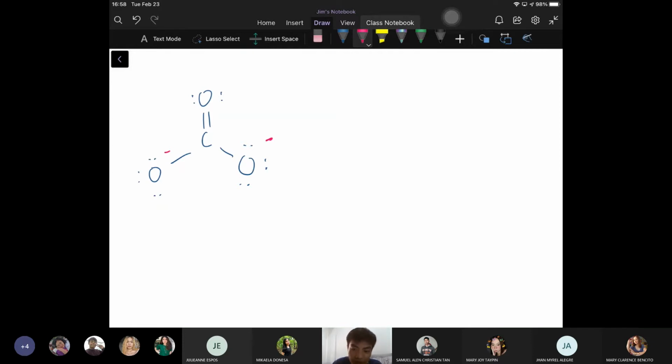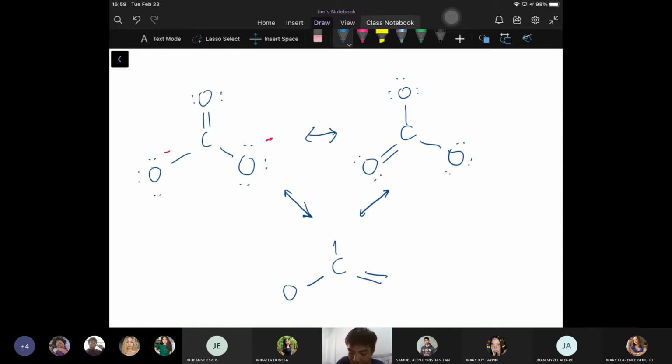So it can have another illustration. What is that? Another illustration is that instead of the double bond being on the top part, it can be on the left side. Okay? The illustration can be like this. So that is also a possible illustration of our molecule. What else? The double bond can also go to the right side. Okay? So it can move to the right side.